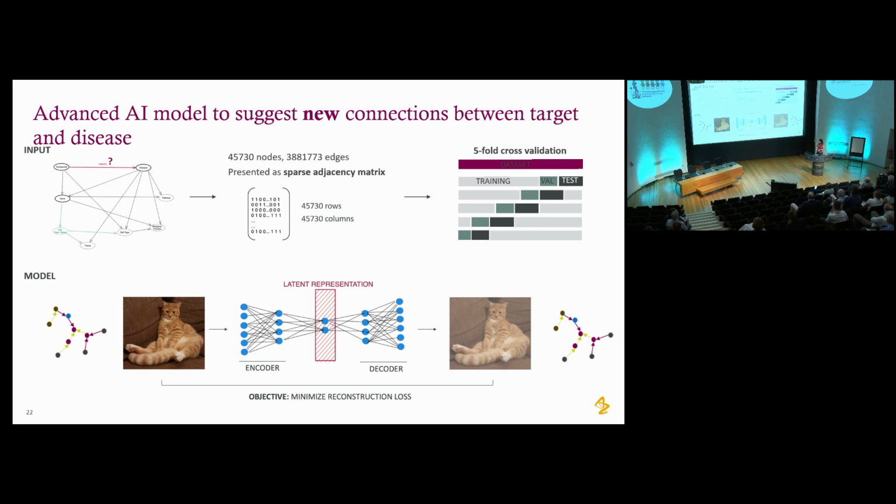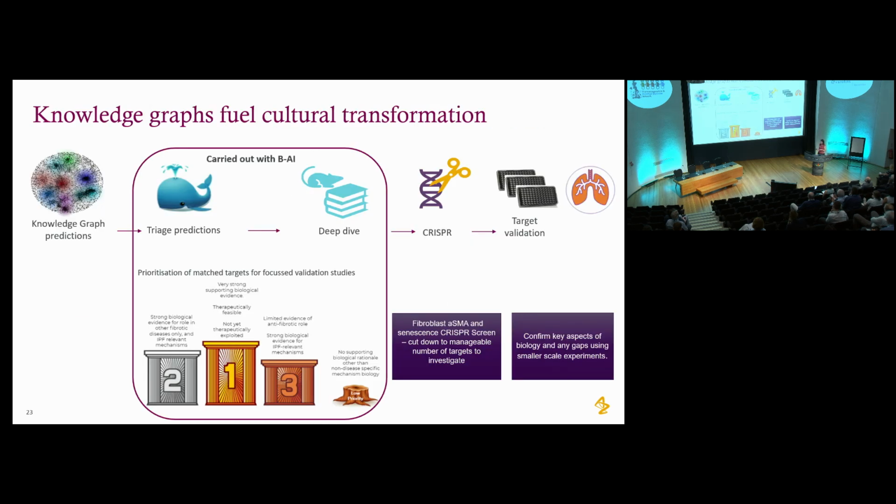And a similar methodology can in a way be applied onto knowledge graphs, where the encoder will generate a representation for every node, and the quality will be assessed by comparing how the reconstructed graph compares to our input graph. And that's exactly what we've done in our collaboration with Benevolent AI.